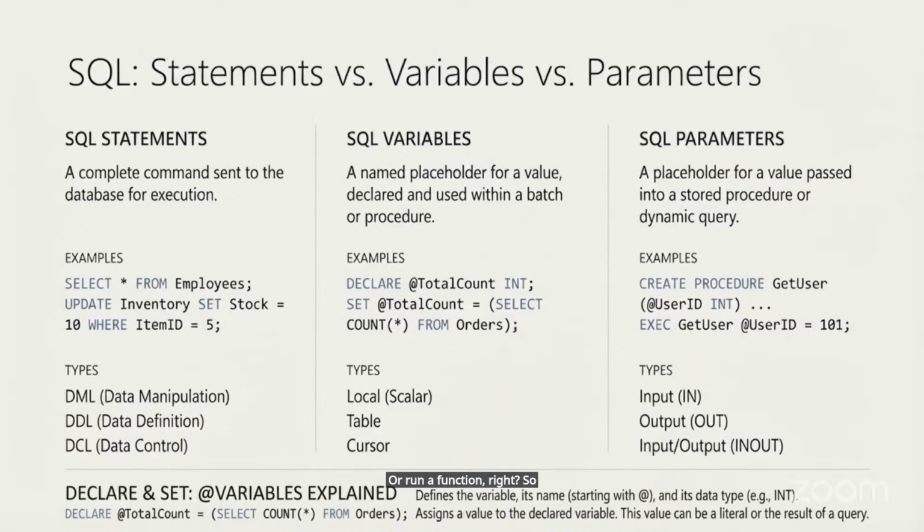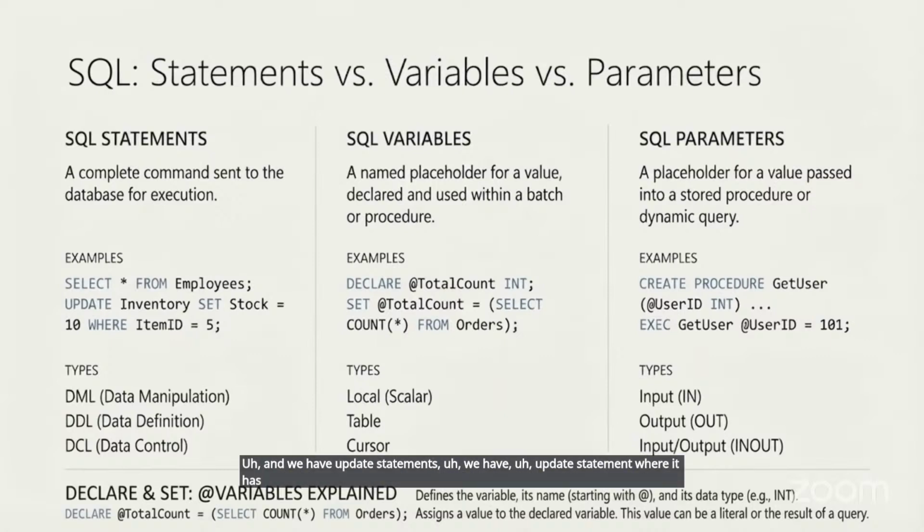So a statement here is a full-on executable procedure, including one to multiple functions. For example, as you can see here, we have select statements and update statements, where the update statement has a SET in there.